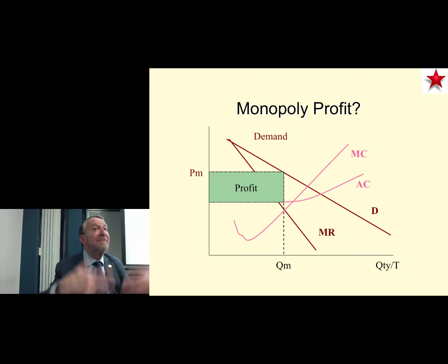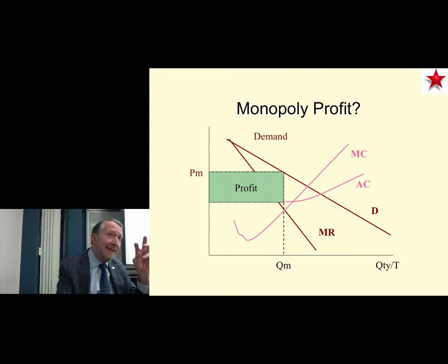Amana made positive economic profits for a period of time, but like anything, other firms like GE and Sharp Electric would reverse engineer what your machine does, figure out what parts of it are patented, and ask whether they can build a transmitter without violating your patent, and then we have competition.